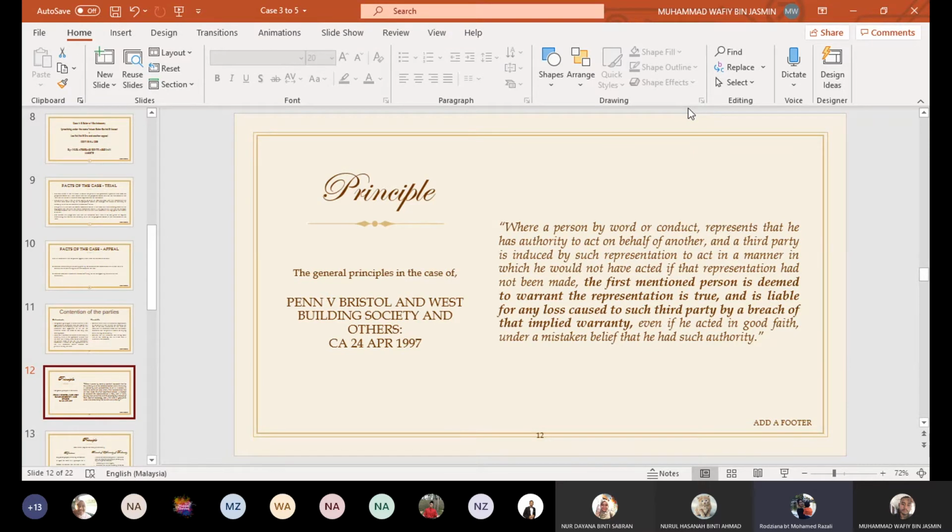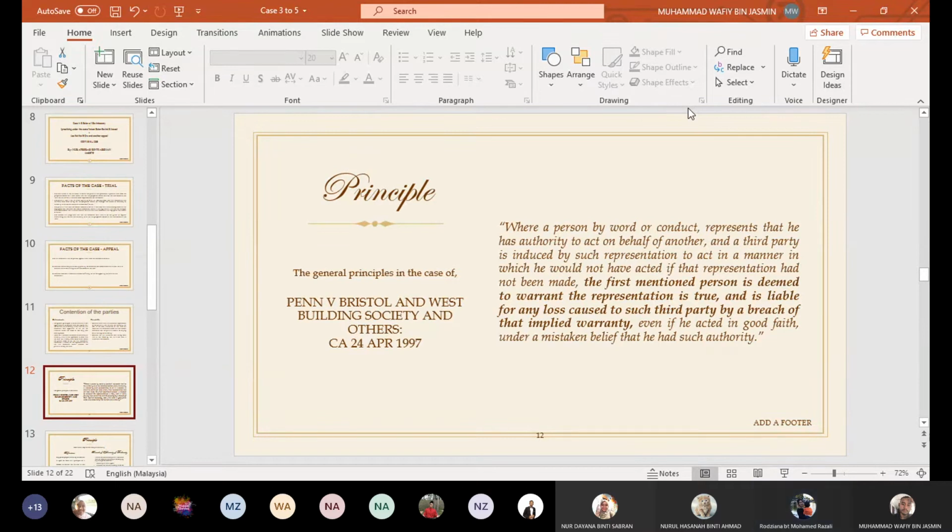You have to prove sama ada memang betul ada express objection by the client ataupun telah ada ratification ataupun you were acting in the ordinary course of your duty as a solicitor untuk settle out of court.